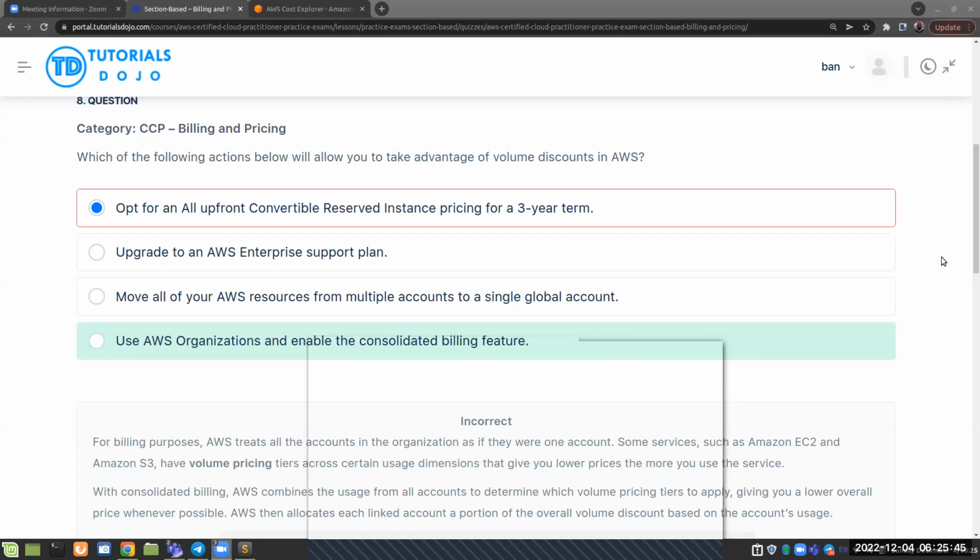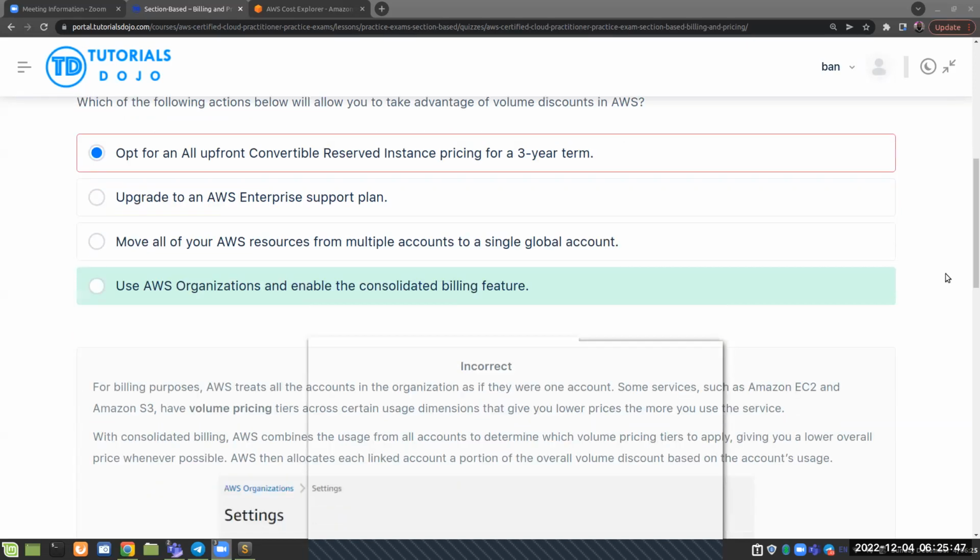What guided me to go for D is the volume discounts. When we are looking at convertible reserved instances, we're not talking about volume only here. For me, convertible reserved instances are more expensive, as we saw in the other question.